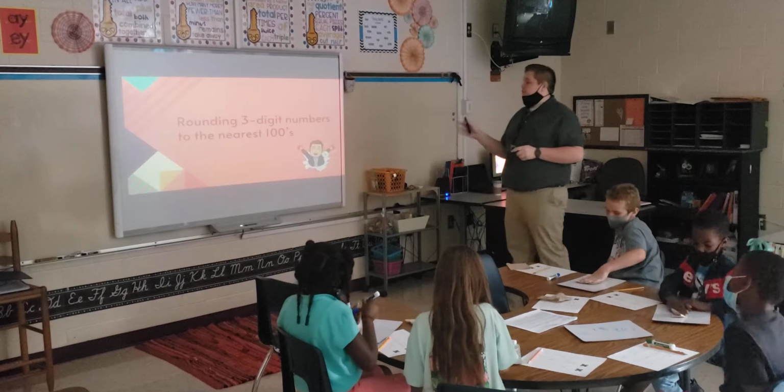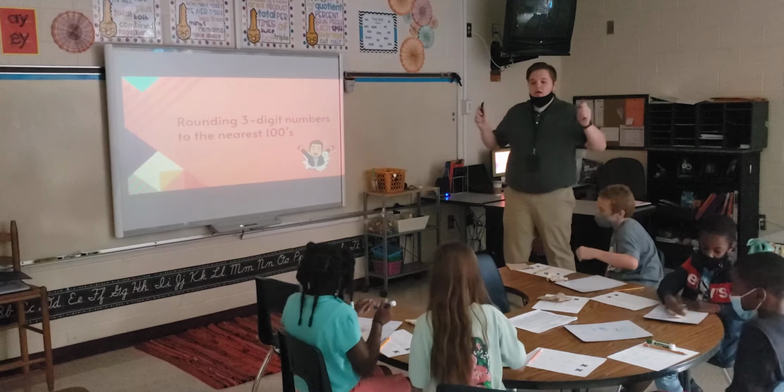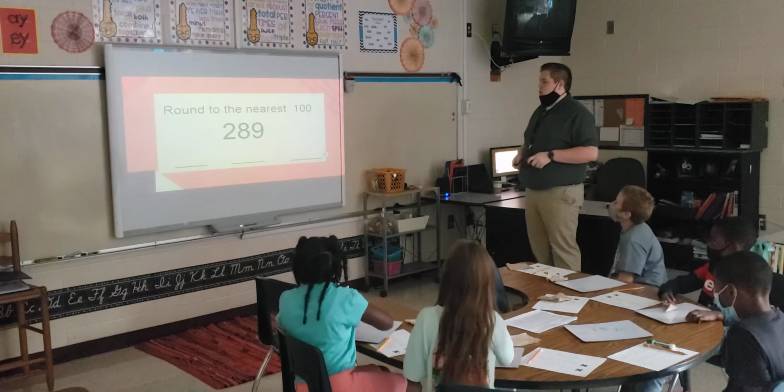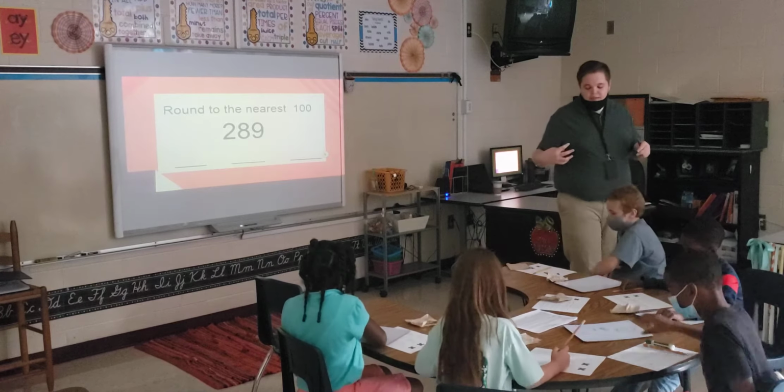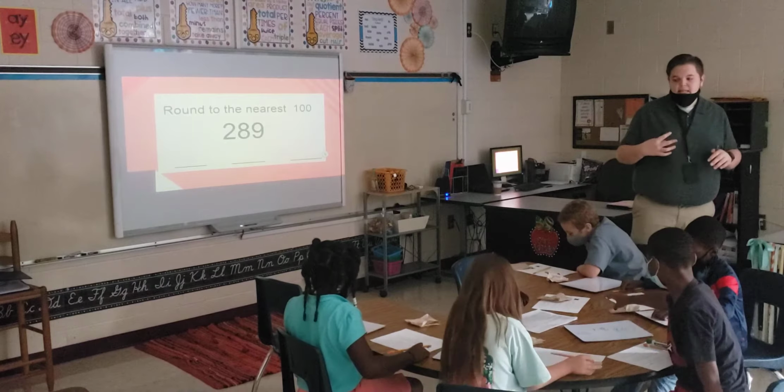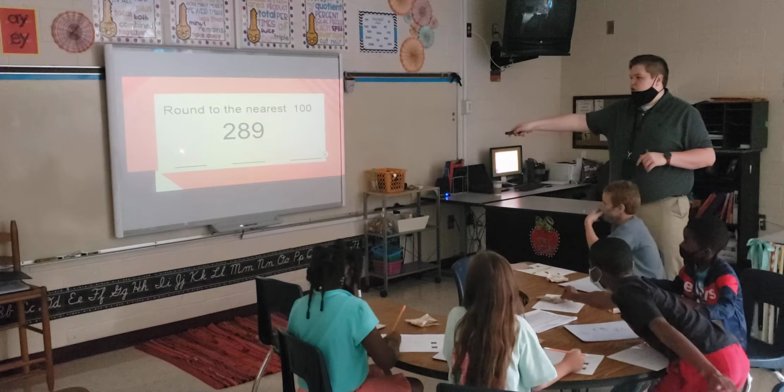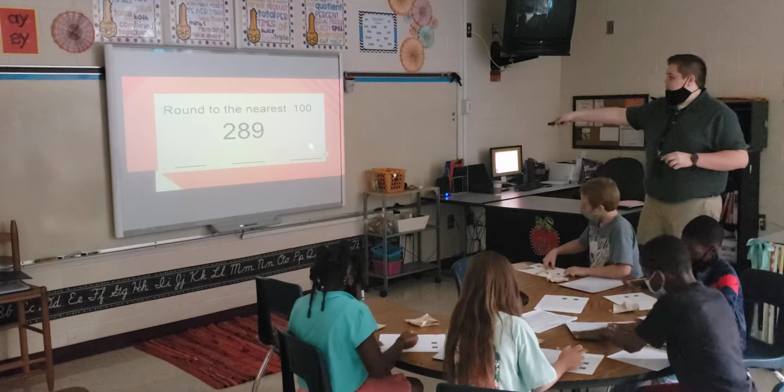So we're going to round these 3-digit numbers to the nearest 100s. All right, go back to your work organizers. And on the last row down there, you have 289. Go ahead and write the first and the last benchmark.